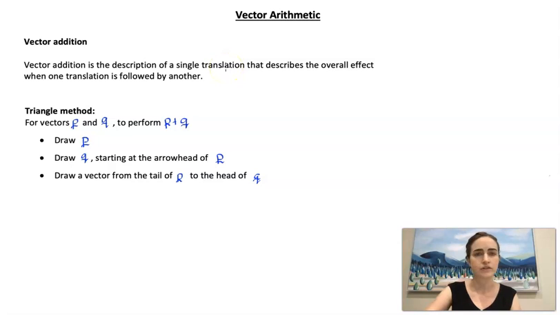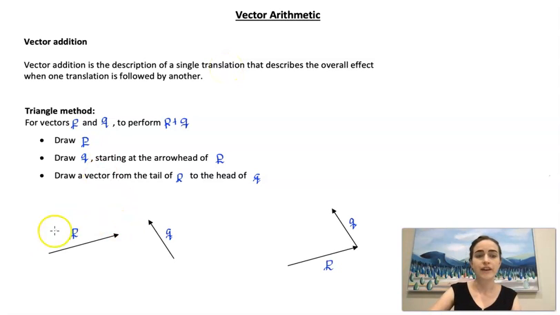Let's have a look at what that looks like. In our example, we have our vectors p and q. If we want to add those, like we said, we want to have a look at the shift that this vector is describing, and then also the shift that this vector is describing. So we're going to draw p, so I've drawn that again here. Then from that endpoint, we're then going to draw q. So we've got q drawn there.